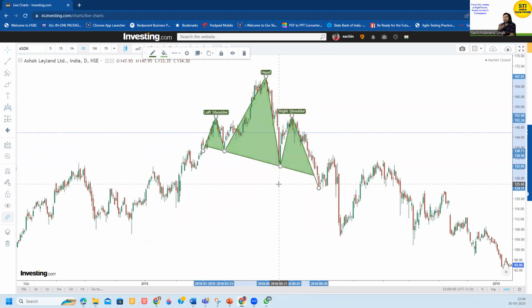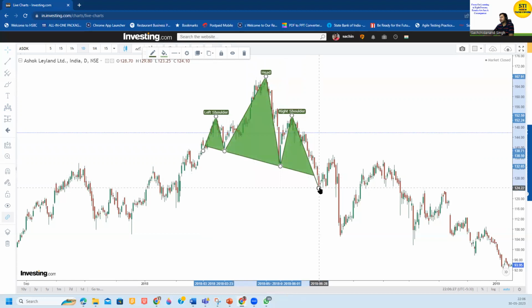Head and shoulder may not always be a perfect one; it can be a little bit tilted left and right. The main thing to identify is that there should be a left shoulder, a similar right shoulder, and one head. Once you apply it, it will give you this kind of green formation.